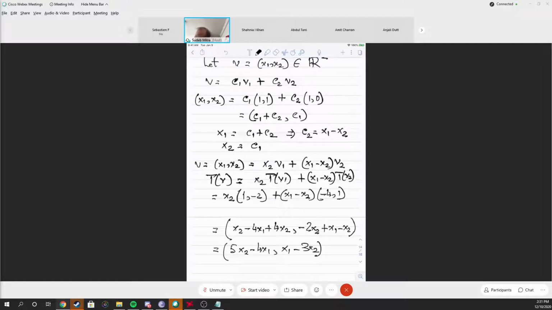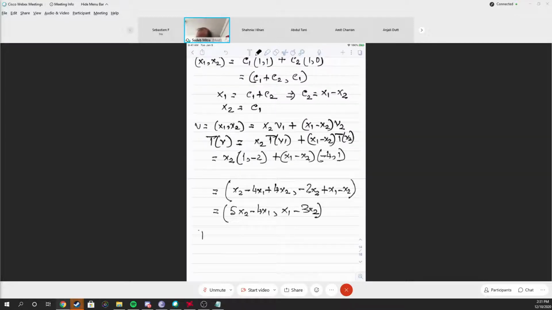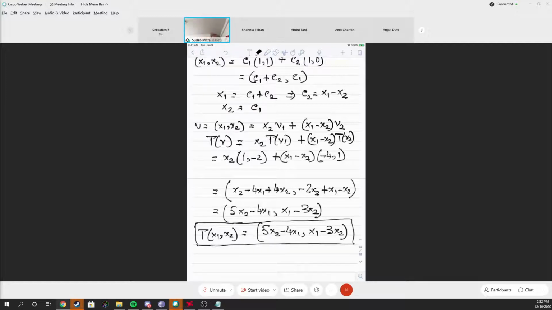And this is how you will write. So T of x1, x2 is 5x2 minus 4x1, comma, x1 minus 3x2. This is the first part of your answer. Then they're saying, find a formula for T of x1, x2, so this is your formula, and use that formula to find T of 5, minus 3.